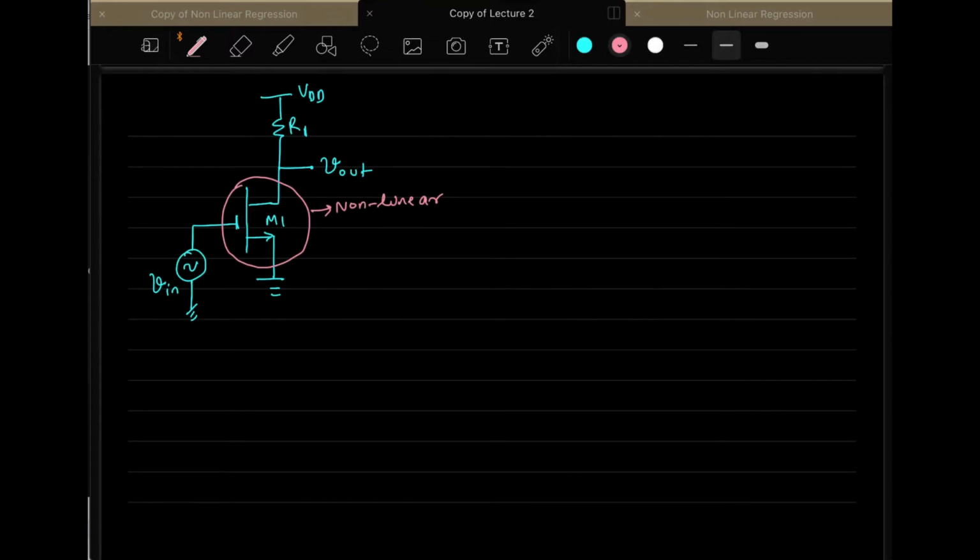So what we do is we replace this MOSFET model, which is highly nonlinear, by a linear model, which represents something like this. So V in, then you replace the MOSFET by a linear set of elements which you can analyze. These are all linear elements.